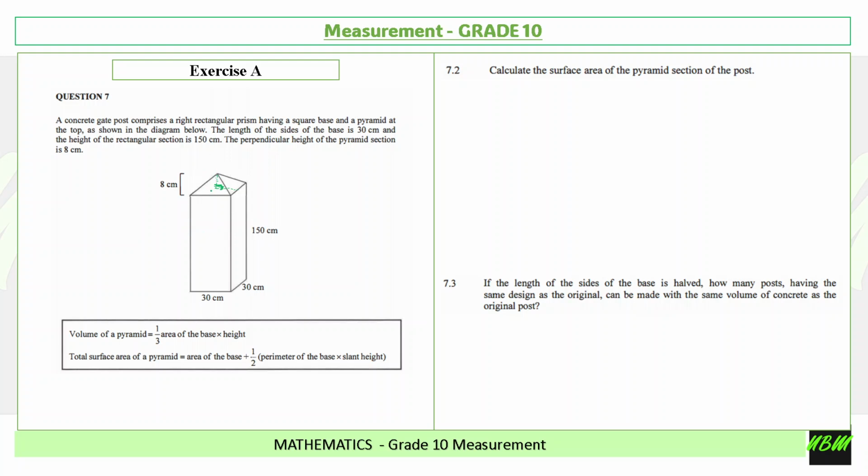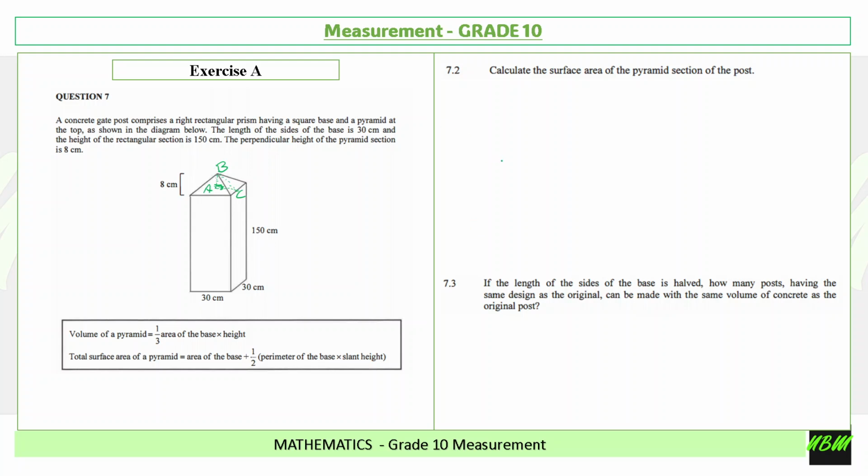Let's say this point here is point A, and then at the apex there, let's say it's point B, and then this point, let's say it is C. Now what is the slant height? The slant height is BC. BC will be our slant height.